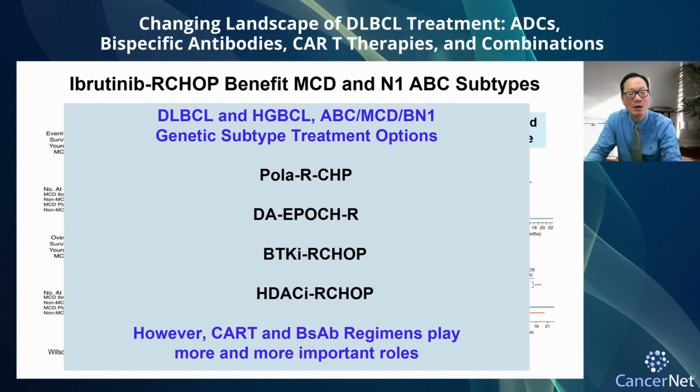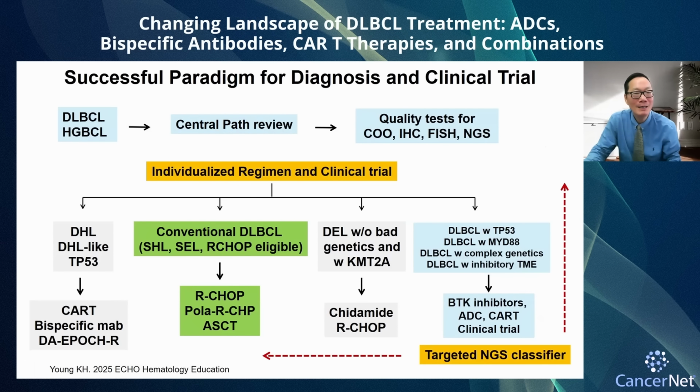We also emphasize that in our pathology practice, besides the pathology evaluation, we need to emphasize targeted NGS sequencing, which may help us stratify patients into different subtypes. So I suggest, for example, identifying patients with a double hit, a single hit, single expressor, other particular genetic aberrations, or p53 mutation. Those patients may respond to different treatment regimens.